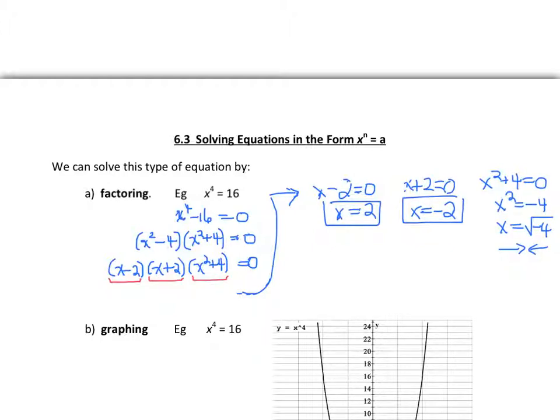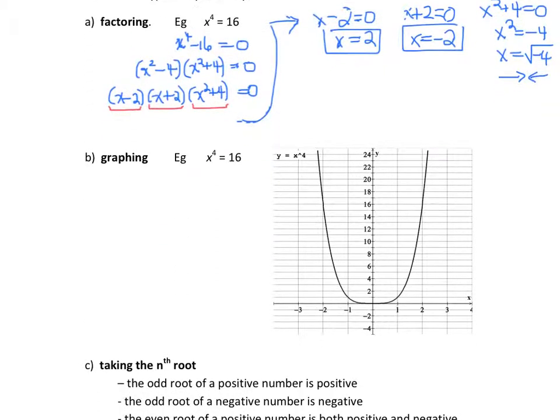Now another way we could solve that same equation would be by graphing. If we look at the associated graph of y equals x to the exponent 4, we could solve the equation x to the exponent 4 equals 16 by finding where on this graph y equals 16. So y equals 16 right along this line here.